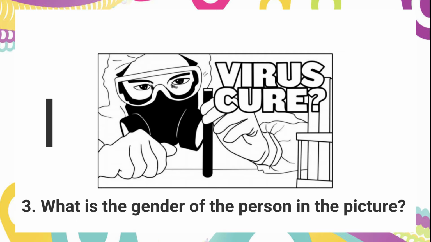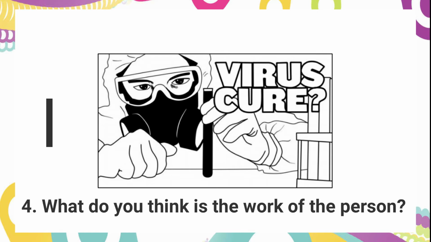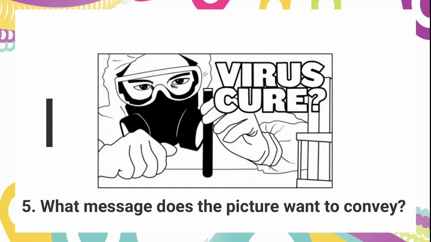Question number 3. What is the gender of the person in the picture? Question number 4. What do you think is the work of the person? And the last question, question number 5. What message does the picture want to convey?